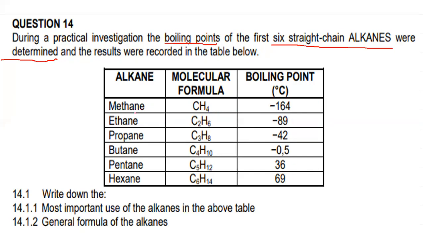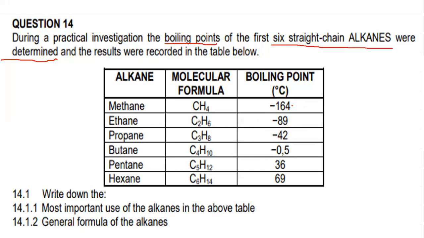Again, let's compare methane and ethane. Methane has a boiling point of minus 164 degrees Celsius, and ethane has a boiling point of minus 89 degrees Celsius. So let us try and understand that. When we look at this one, we can see minus 164.